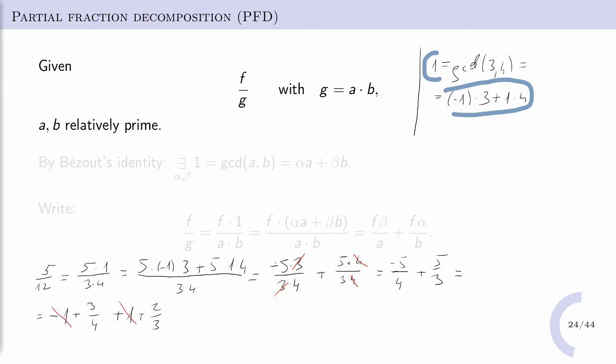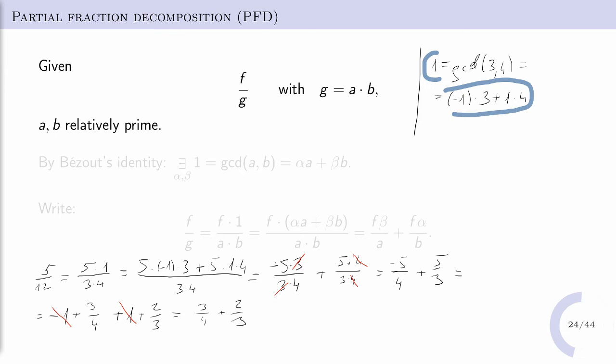They must cancel. This is clear because on the left-hand side we do not have an integral part, so we cannot have an integral part on the right-hand side. So all in all, what we got is 3 over 4 plus 2 over 3.